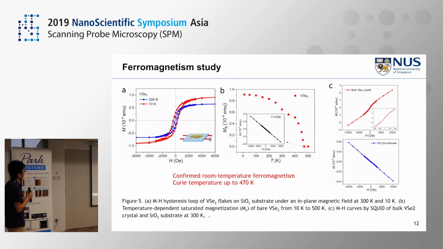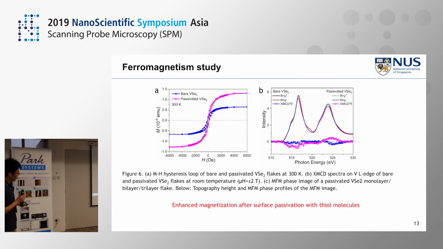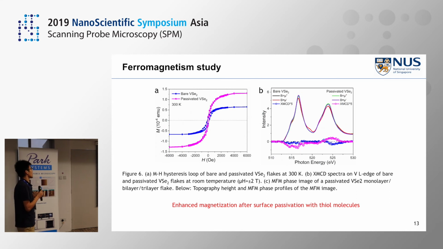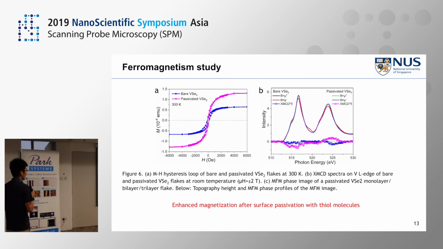Then we also identify the Curie temperature of the VSe2 is up to 470 K. And we also use the XMCD method to study the magnetic property before and after chemical passivation. We can see the magnetization of the sample is greatly enhanced after the chemical passivation. So such chemical passivation makes it possible for our following MFM study.